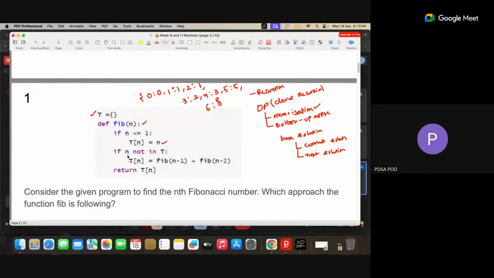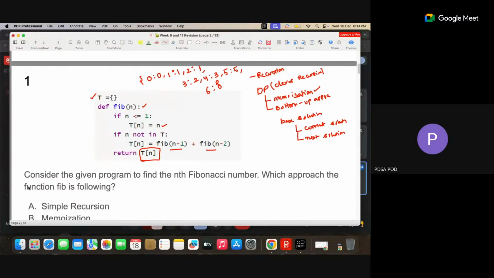Whenever this particular n is a new n, we calculate it. If n is already calculated and available, we return the value that already exists. So this method is called either memoization or the bottom-up approach. What is this? Memoization. Please look at the options.